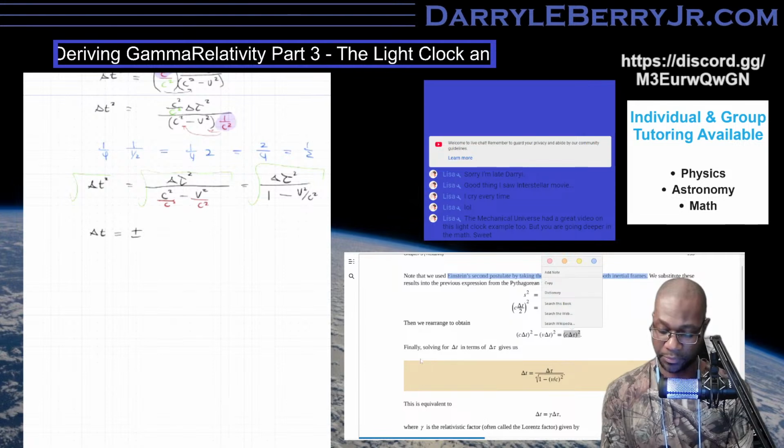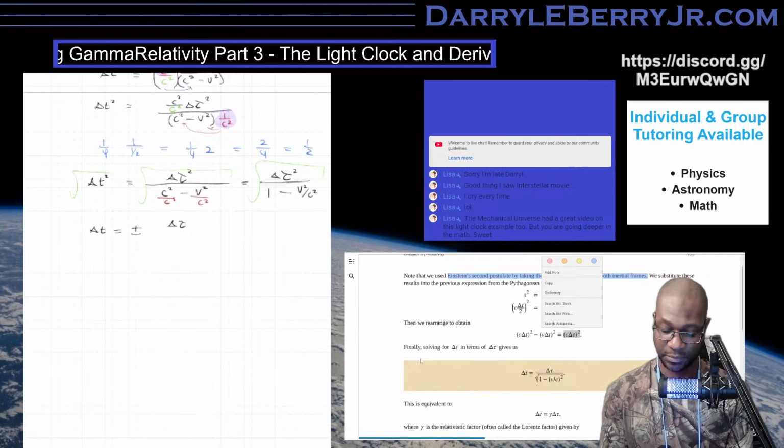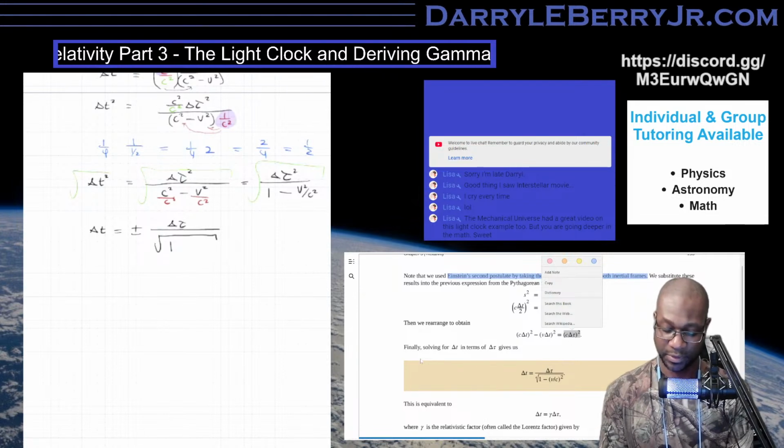And the square root of something squared is just that thing. So then I have change in tau. And the denominator, I don't know what everything is going to be because I can plug in a v for that, so then I just put the square root there. That's 1 minus v squared over c squared.